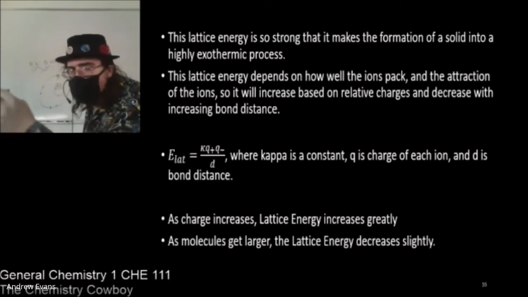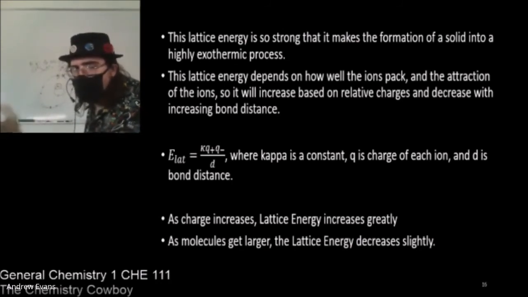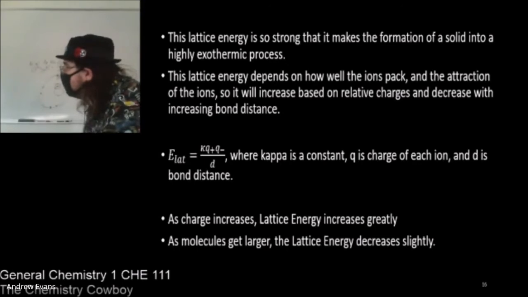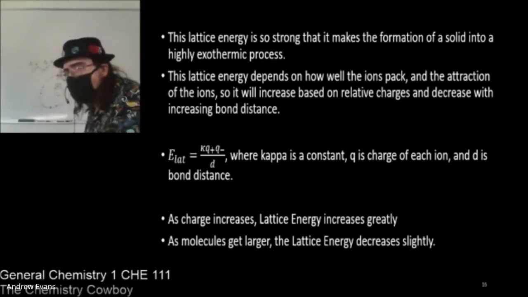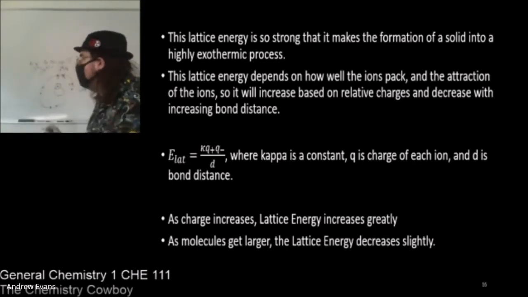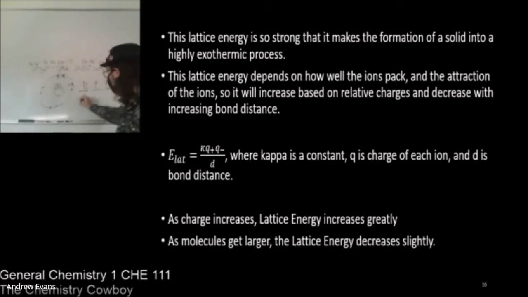So as the charge increases, lattice energy increases greatly. So NaCl would be 1 times 1, because plus 1 and minus 1. If I went instead MgCl2, that's going to be 2 times 1.